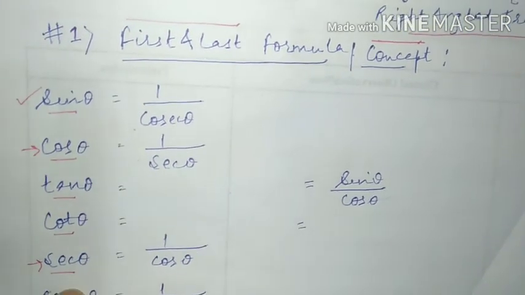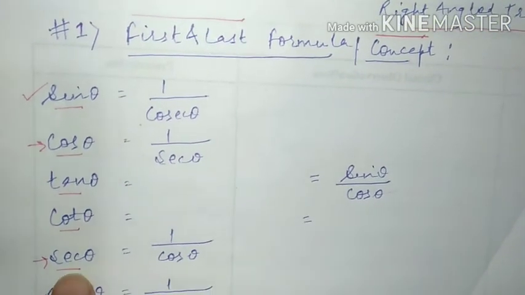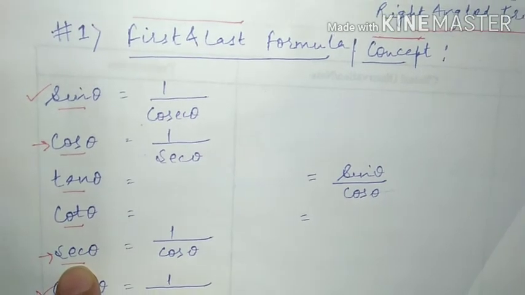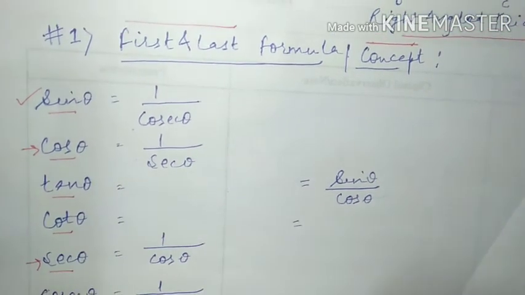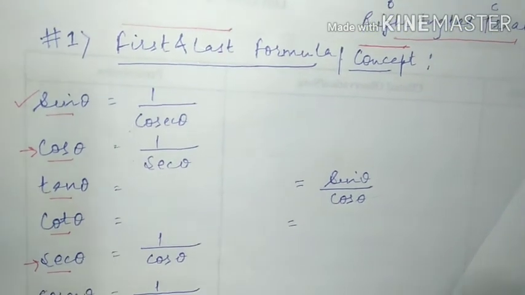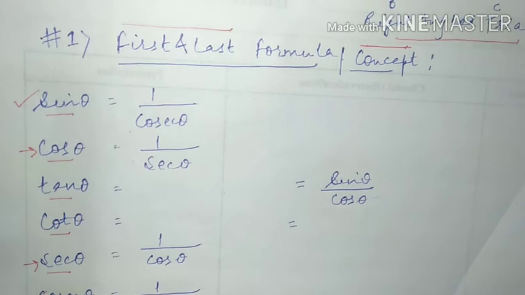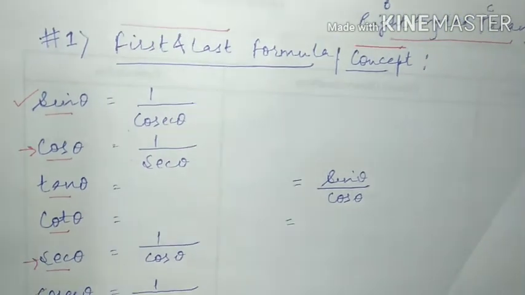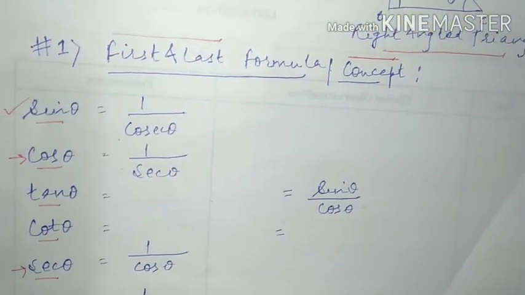So sec theta, what could be the formula of sec theta? This is the new last trigonometric function, so we are going to use the new first trigonometric function, that is cos theta. So what could be the formula for sec theta, that is 1 upon cos theta. Now we are done with cos theta and sec theta as well.